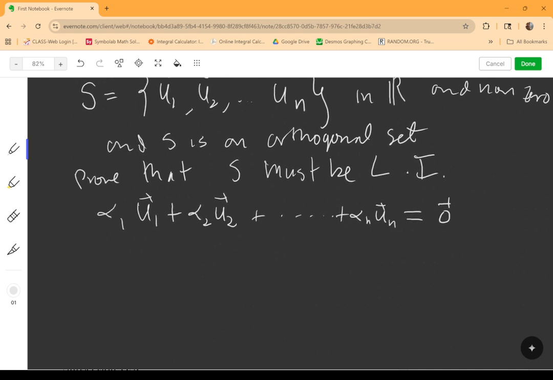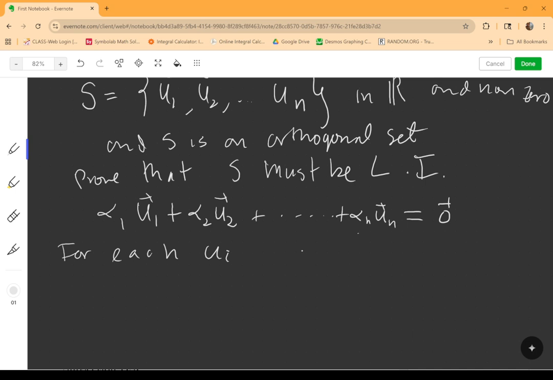What I'm going to do is take this linear dependence relation and take the inner product with u sub i, just any vector. This is going to work for each u sub i. Take the inner product of u sub i with the vector on the left side of my linear dependence relation and on the right side.